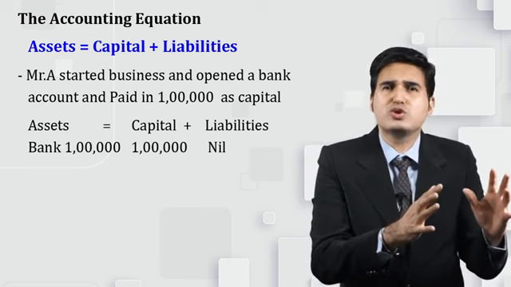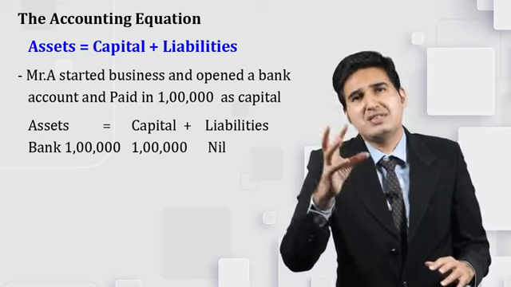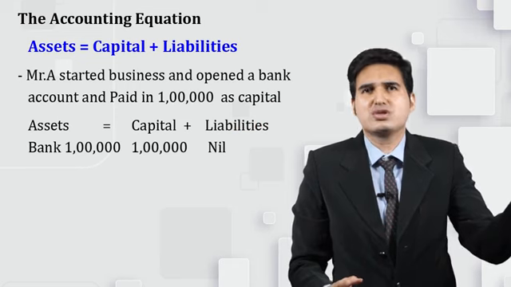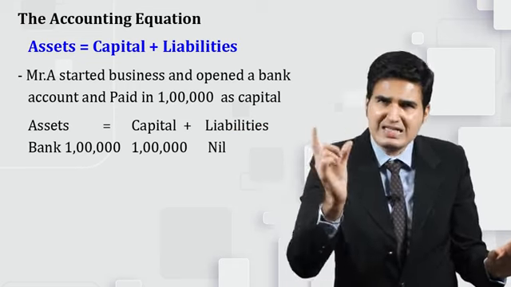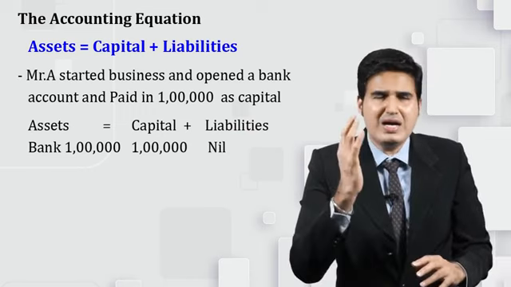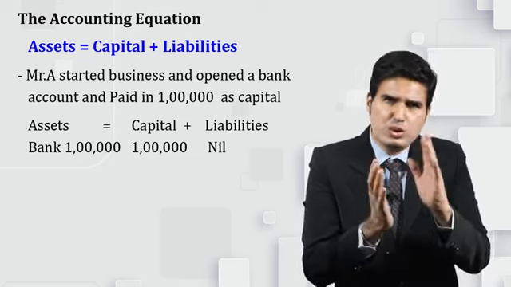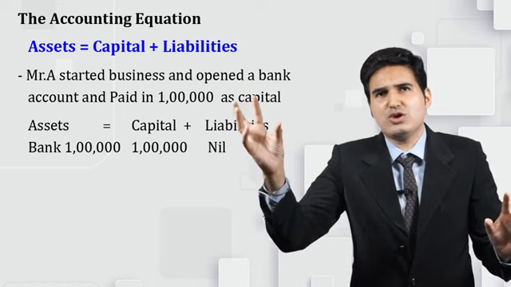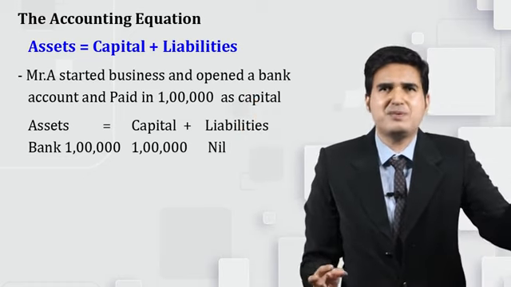So we are not supposed to remember Mr. A, but the business started by Mr. A. Mr. A does not require any accounts, but the business organization started by Mr. A will require accounts. So always remember, the owner is considered to be a separate person from the business organization.